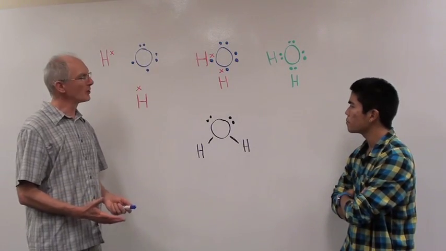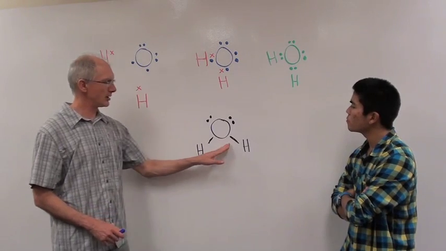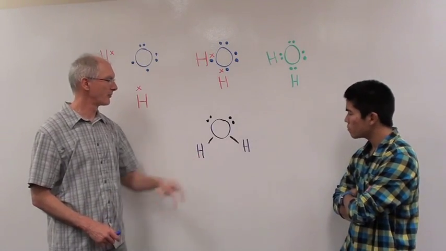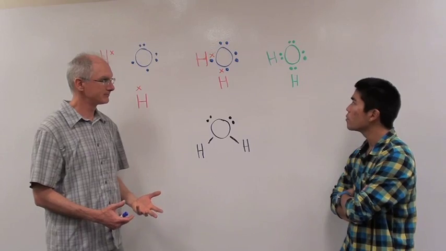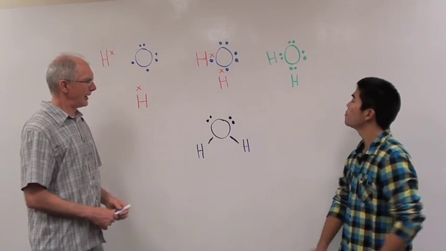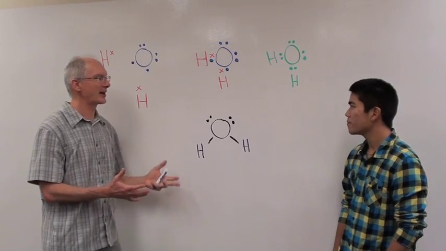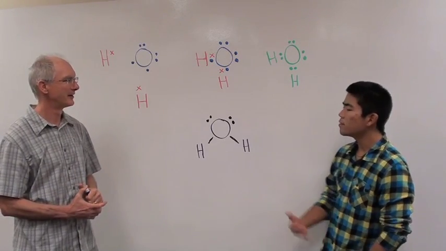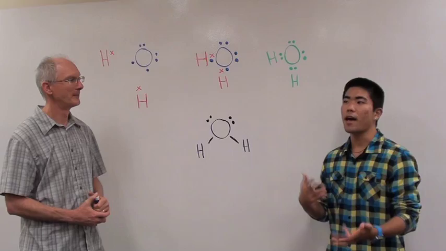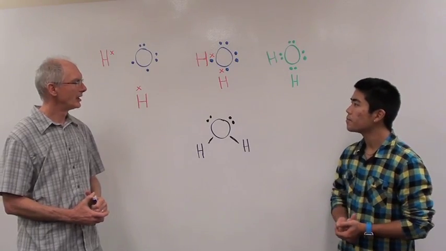What we learned was that, in fact, the electrons that are shared between 2 atoms aren't shared equally. And this concept of electronegativity, why is that concept so important, Tyler? Well, it tells us a lot about the ways that atoms are going to interact with each other. Exactly.